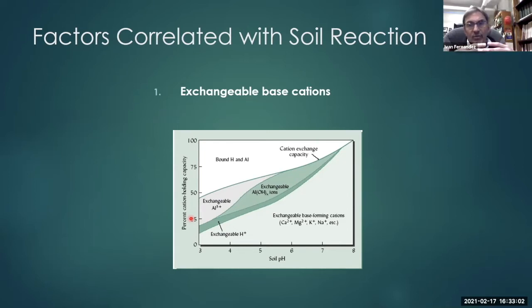So most of the action in soils takes place by chemistry at the surface, and soil surfaces are negatively charged, net negatively charged at least. And so they're interacting with positively charged ions in solution. And that's why we're talking about calcium, magnesium. You see these are all positively charged, and the aluminum is positively charged. And we're only talking about positively charged because the soil is negatively charged, and opposites in this case attract.